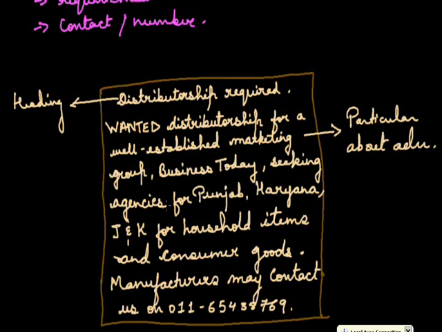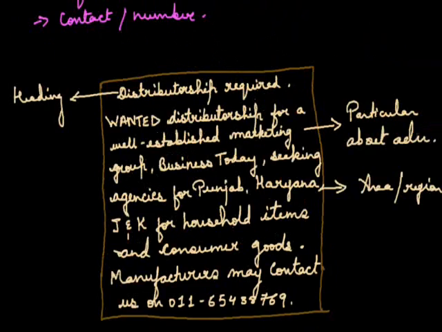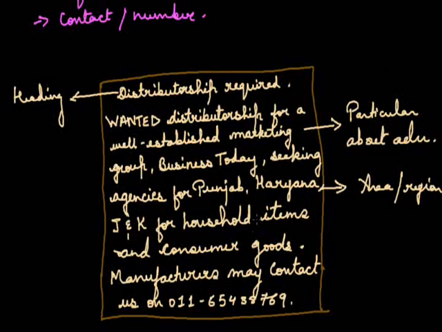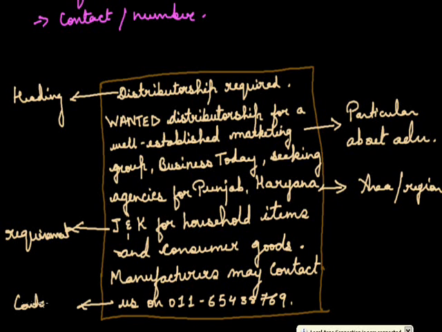Then I have said agencies for Punjab, Haryana, so here I have covered the point of area, or you can say the region. Next, the requirement: I have household items. Here I have covered the requirement. Then I have also provided my contact number.